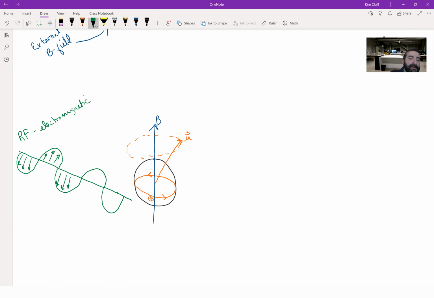And as it turns out, these electric field and magnetic field are perpendicular to each other. So the magnetic field would look something like this, okay? And like I said, the electric field and the magnetic field of this electromagnetic radiation, which is light, which is a radio frequency, propagates through space like this, which we don't fully understand.